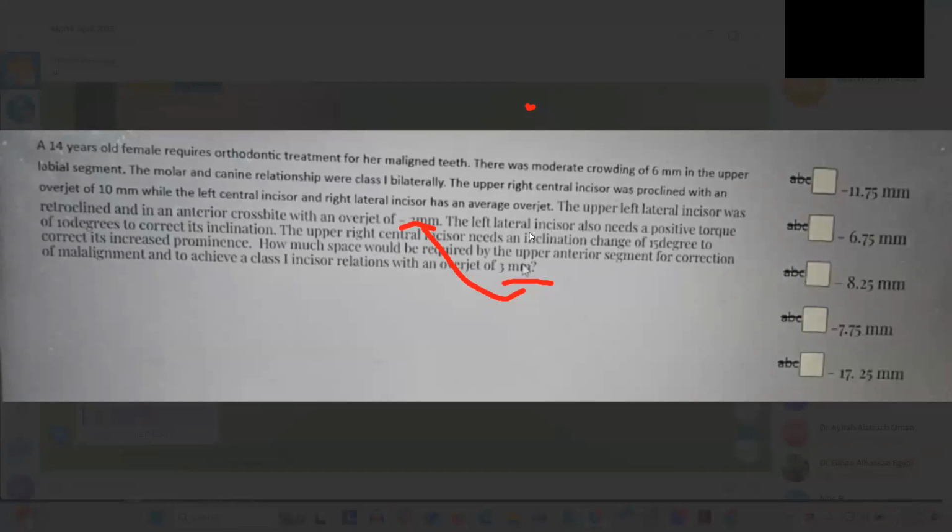So we have minus 1.5 now. Move to the next factor. The left lateral incisor also needs a positive torque of 10 degree to correct its inclination. How much space do we need here? For 10 degree, we need 2 millimeter for the 4 incisors. For 1 incisor, it will be 0.5, so minus 0.5.